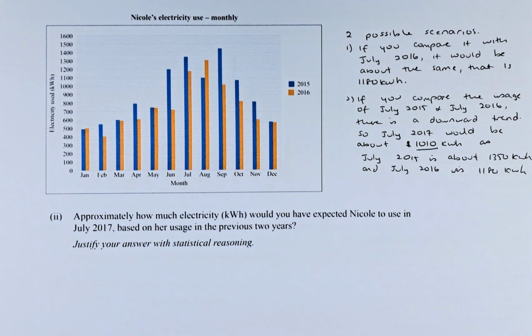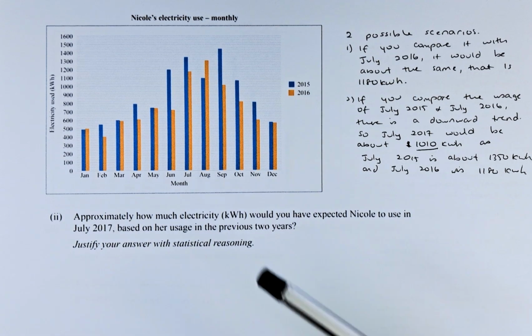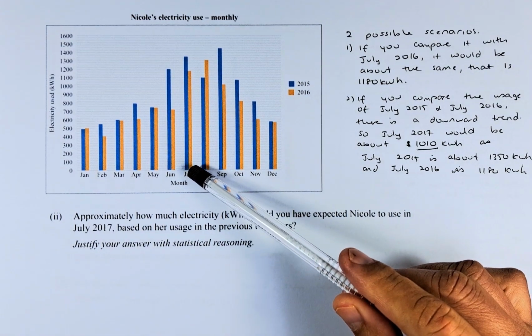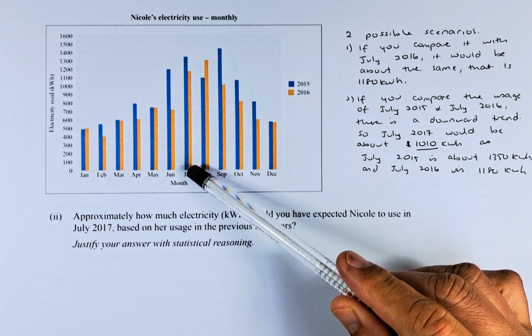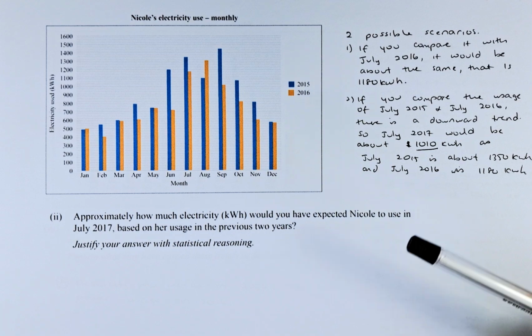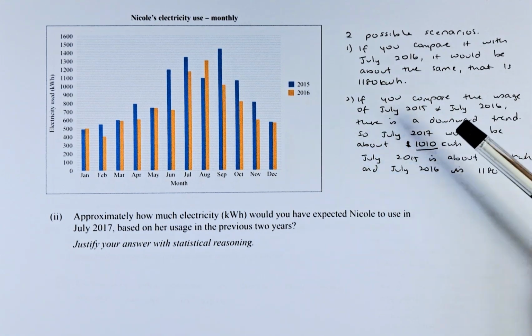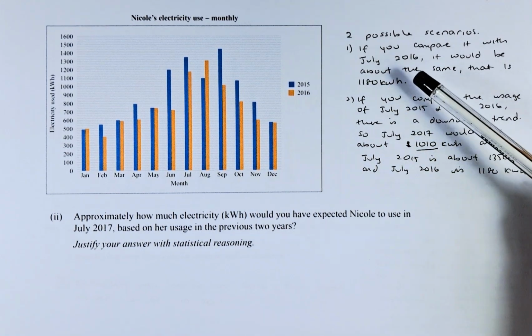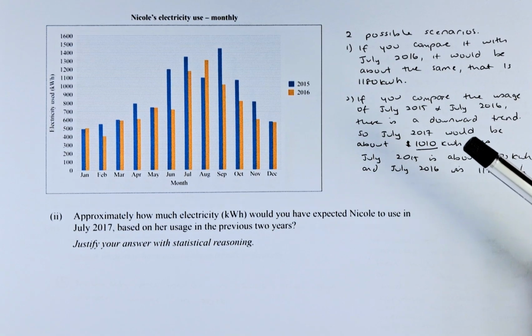Okay, there are 2 possible scenarios. If you just compare with 2016, the yellow graph, then 2017 would be about the same. So if you compare it with July 2016, it would be about the same, which is going to be 1,180.